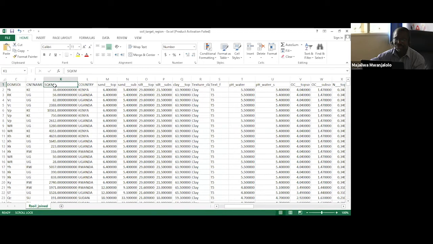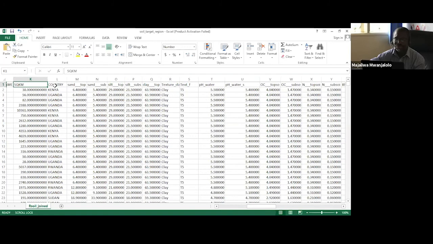I've removed, for a specific reason, the water bodies where we never had properties, just to make sure that you do the calculation at ease.